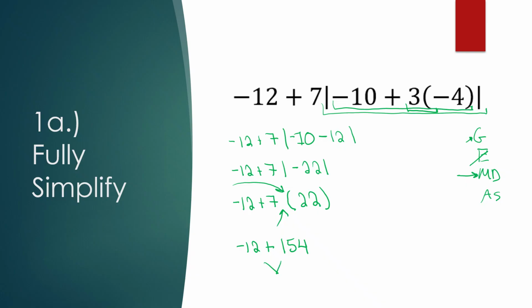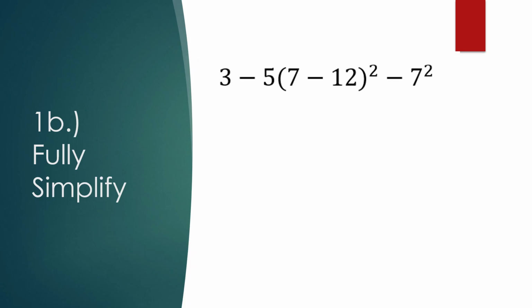Now I do my negative 12 plus 154, and I get 142. I label this GEMDAS, G for grouping. And then I write my multiplication and division and addition and subtraction horizontally as a reminder that when that's all I have in terms of operations, I have to go left to right.